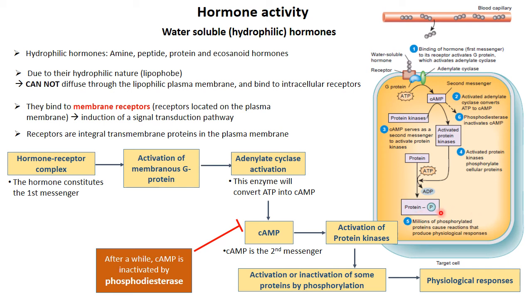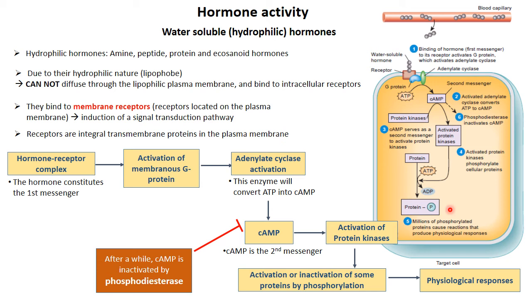Sometimes you can have the activation of transcription factors also, which can go into the nucleus and activate the transcription of some genes. So this is how the cascade of signaling happens, and this is how we have a cascade signaling following the hormone binding to its receptor.